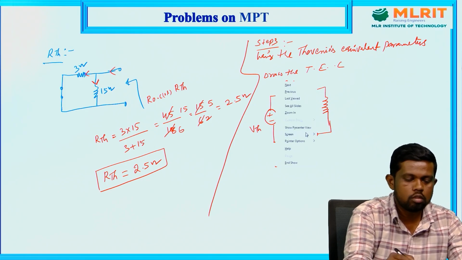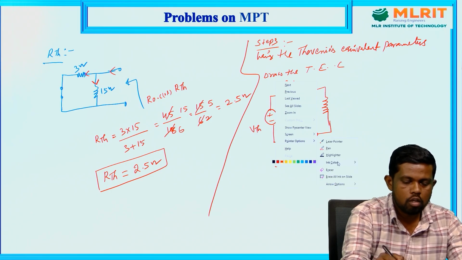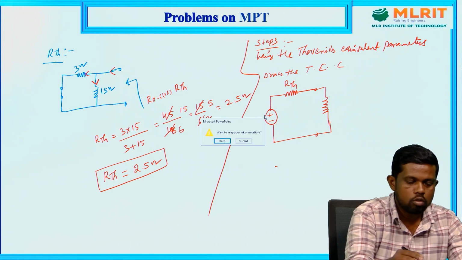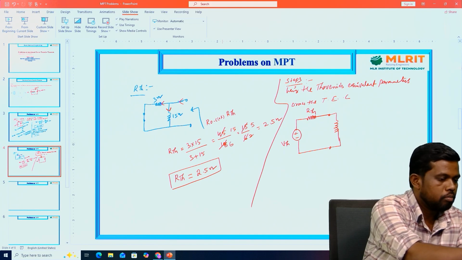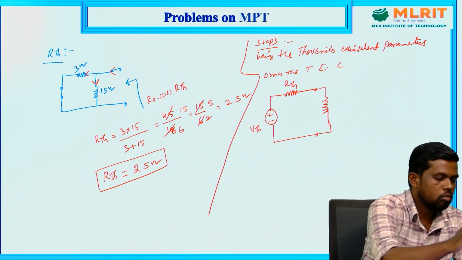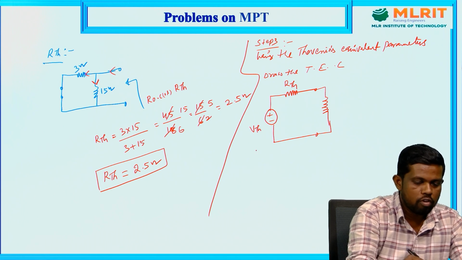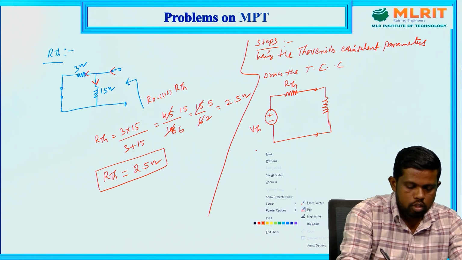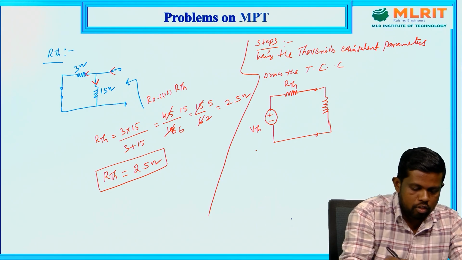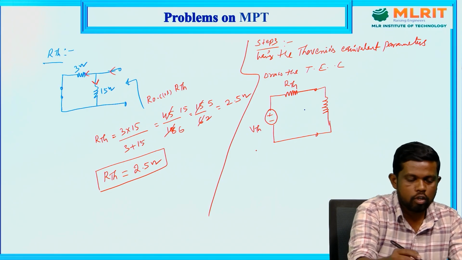Based on the procedure we got the VTH and RTH values. We mention those values here, then it will become easy to find the required things.